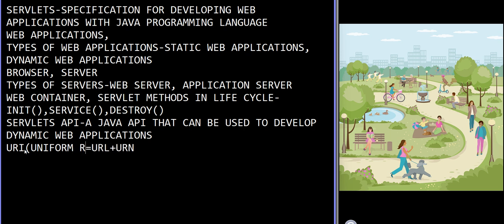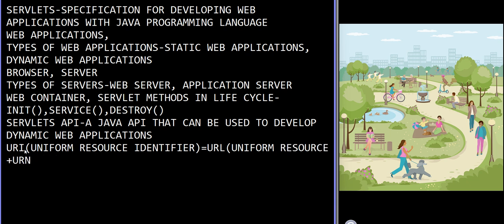URI is uniform resource identifier, URL is uniform resource locator, and URN is uniform resource name.